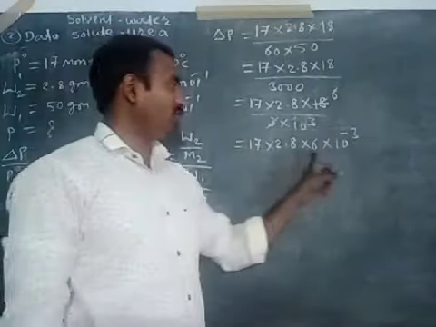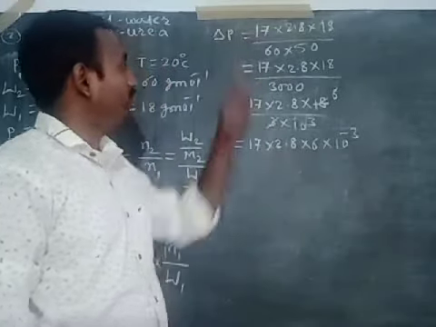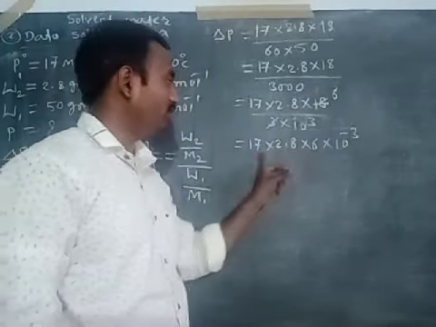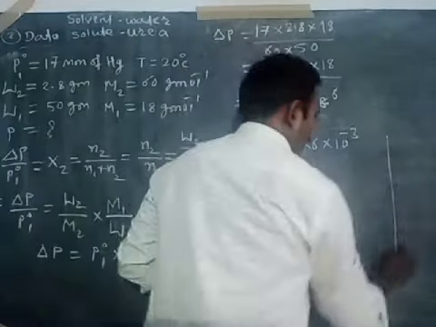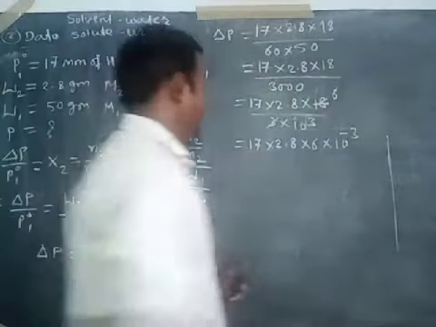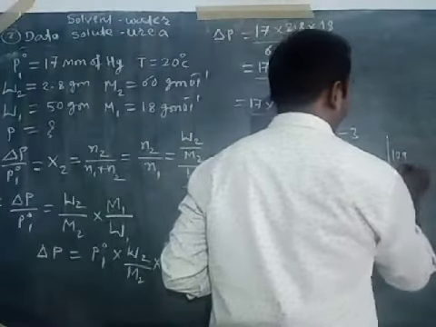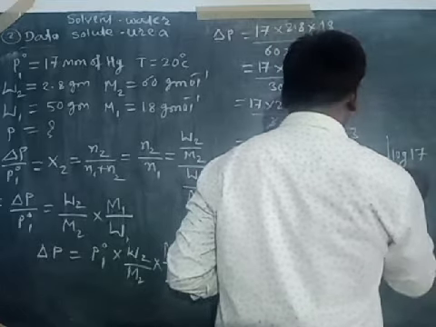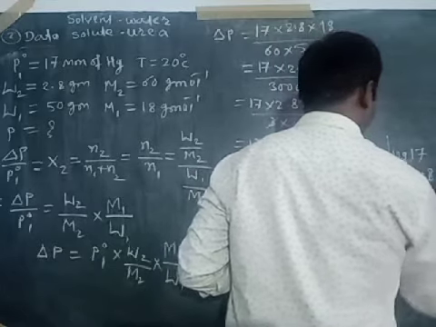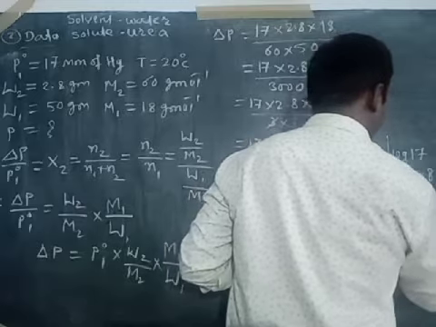On multiplication of these three terms, we will get the value of delta P. For the multiplication of these three terms, we should go for the log calculation, that is log of 17, log of 2.8 and log of 6.